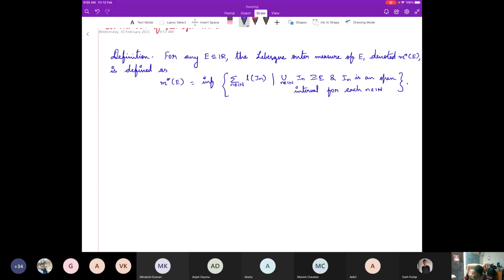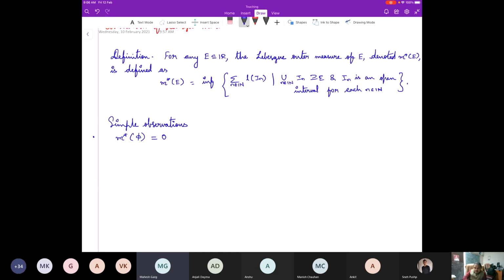Okay, so here are some simple observations. First one. What is m star of the empty set? Zero. Why is it 0?